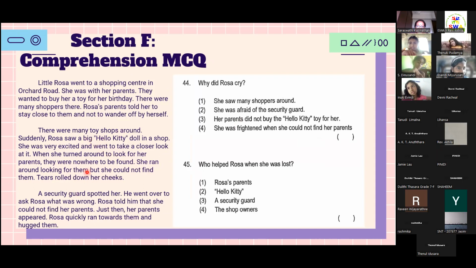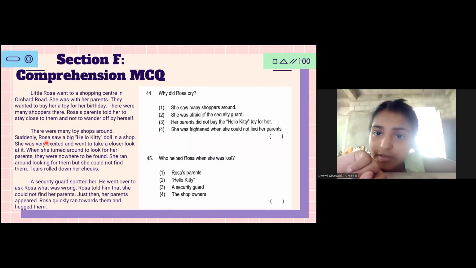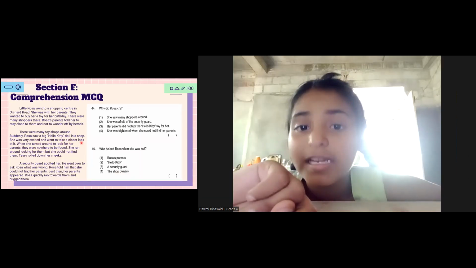Okay. Can you read this now? That second passage. Yes, second passage, dear. There were many toy shops around. Suddenly, Rosa saw a big Hello Kitty doll in a shop. She was very excited and went to take a closer look at it.